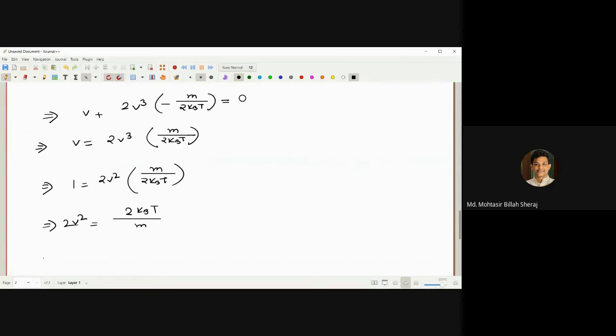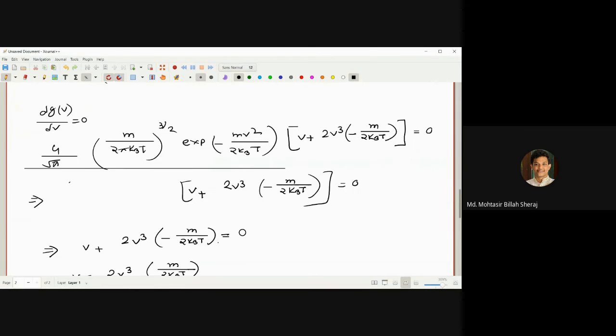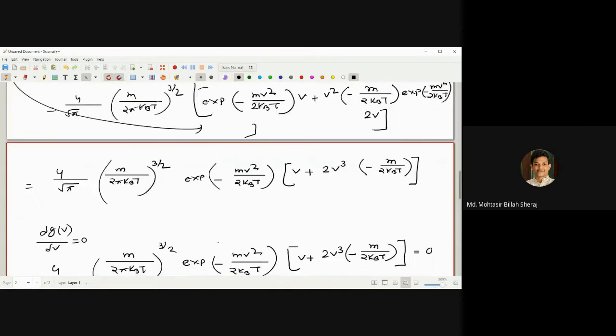So then the v value is actually root over 2 kbt by m. This is the most probable speed, but there is a factor of 2 with v square. Why should we not have this?